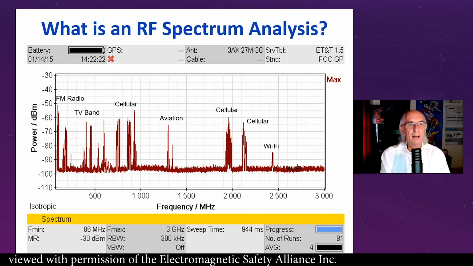So this is FM radio, all the FM radio stations. These are TV stations. These are cellular bands. This is from a transponder from an airplane which flew overhead while we were doing our measurements. And here are cellular bands, and here is the Wi-Fi. So a spectrum analyzer allows us to really identify what sources are there and to which magnitude they are there.